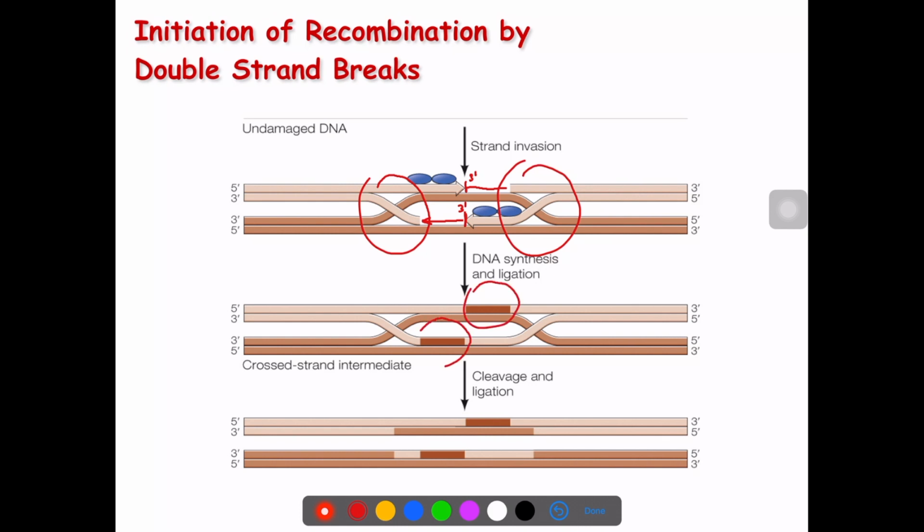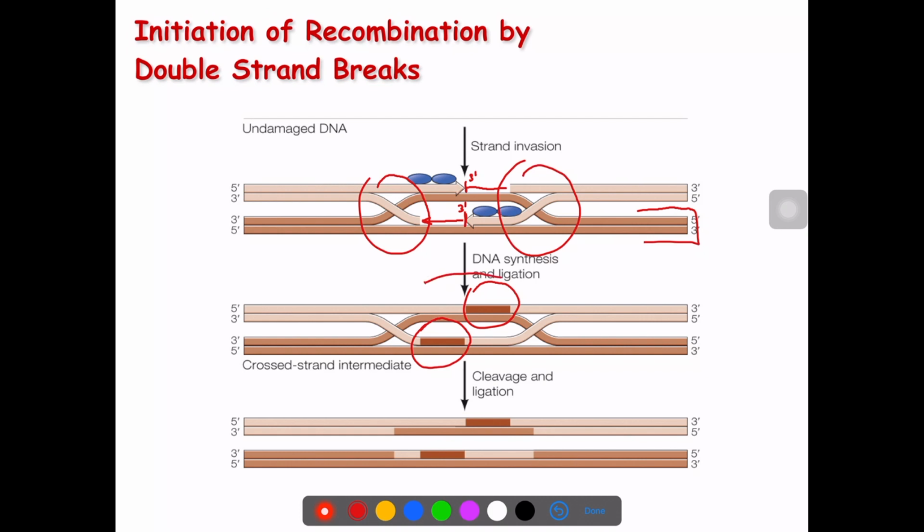So after DNA has been synthesized, now you have filled in the gap. You're using the intact chromosome that was not broken as your template. And that is why homologous recombination is error-free, because you are still using a template to drive DNA synthesis so that there will be no mistakes in the process of repairing the double-stranded molecule that was broken.